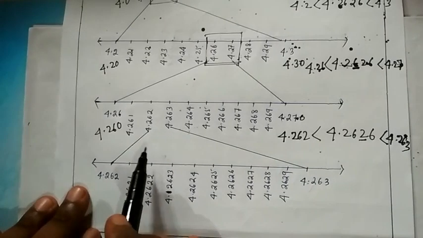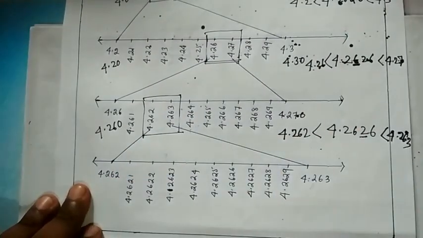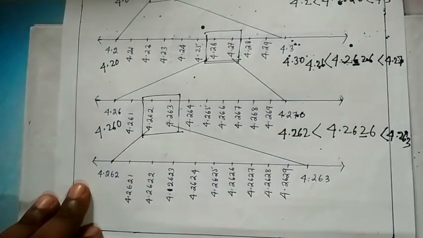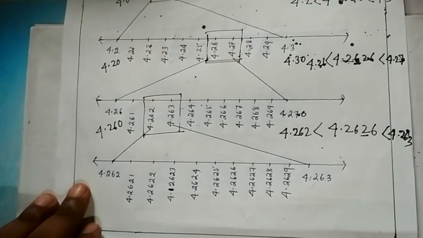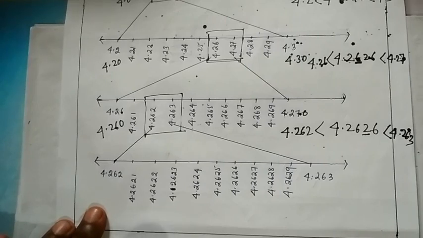Again we have to give close focus at the portion in between 4.262 and 4.263. If we give close focus at the portion between 4.262 and 4.263, again you will get 10 equal divisions in between 4.262 and 4.263.